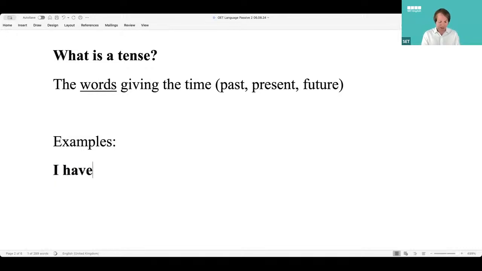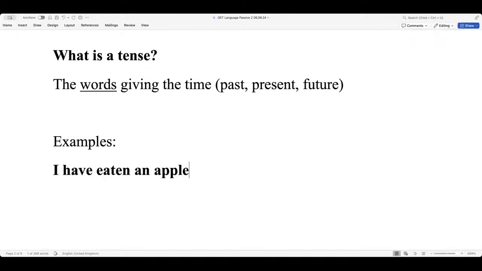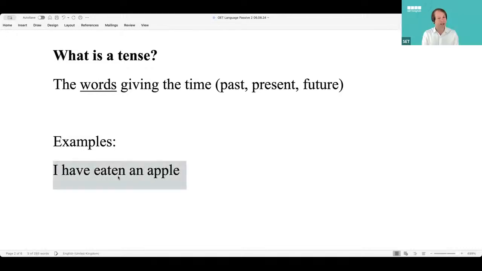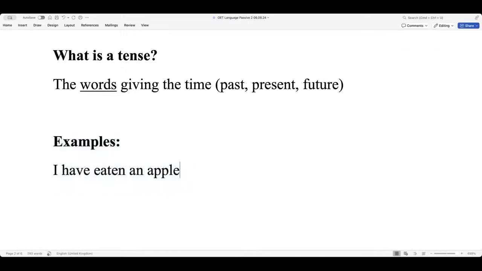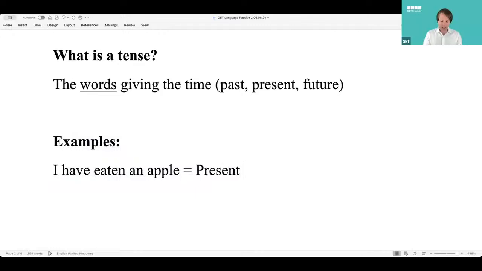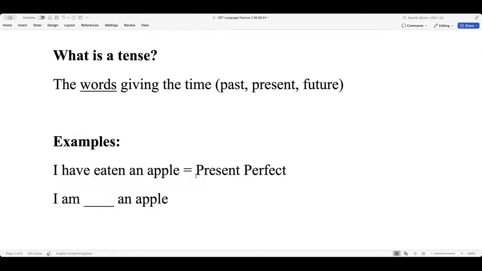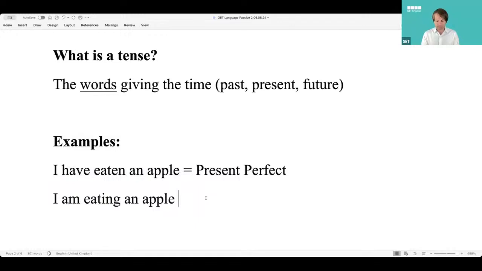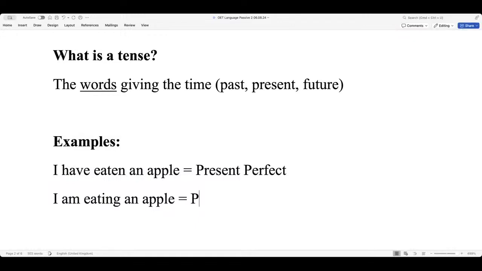I have eaten an apple. What tense is that, guys? Present perfect. It's called present perfect. Give me another example. I am eating. Okay, what tense is this? Present continuous.